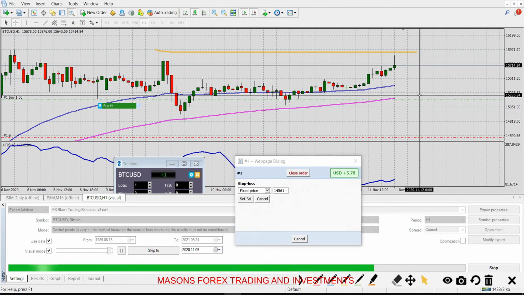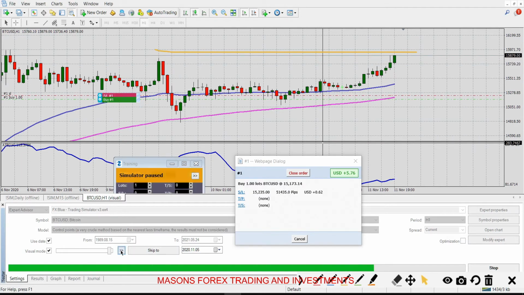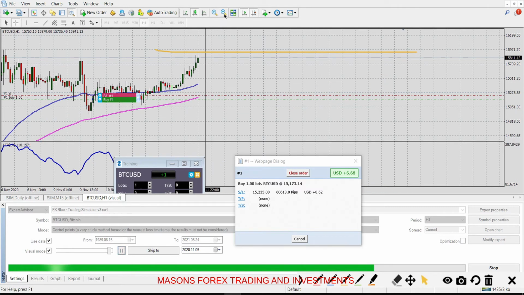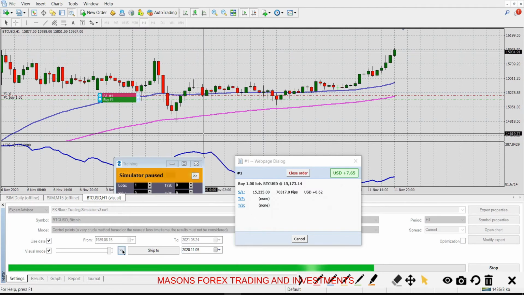We can shift our stop loss to approximately 15,235. In my case, I want to hold this position and see if I can make a higher return. Let's see how it goes.